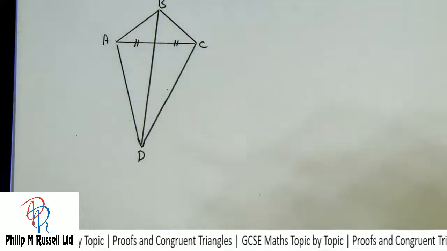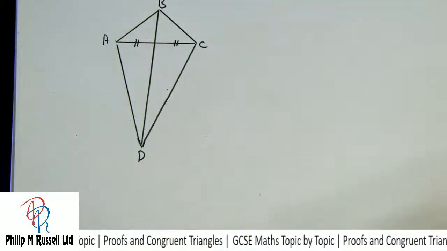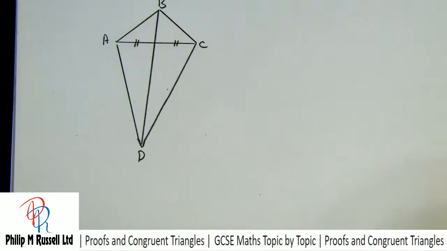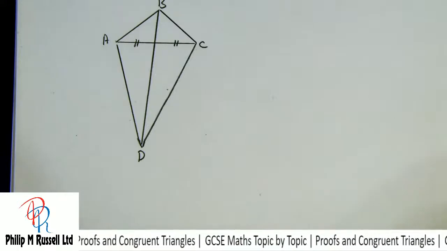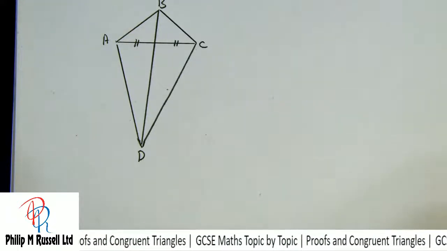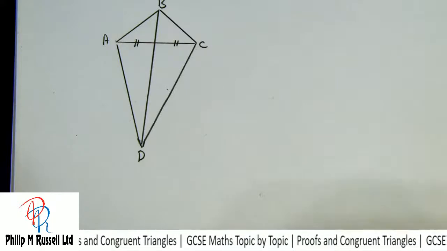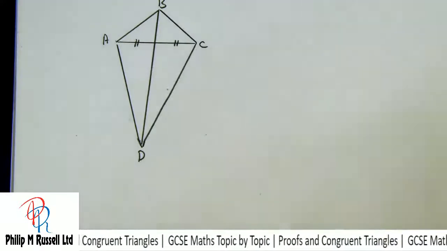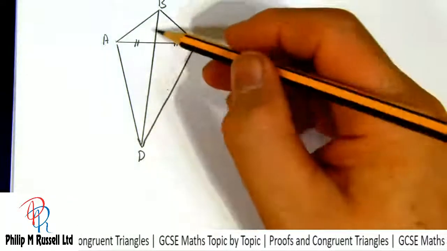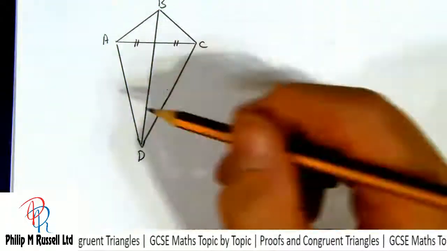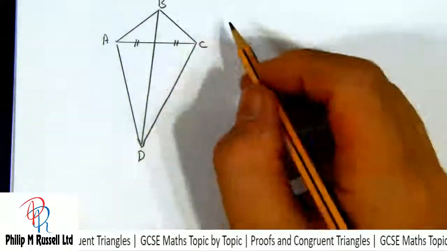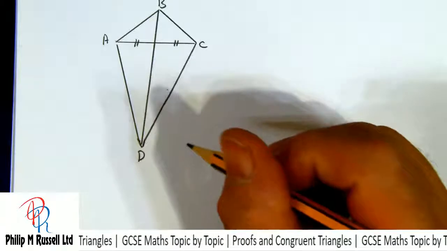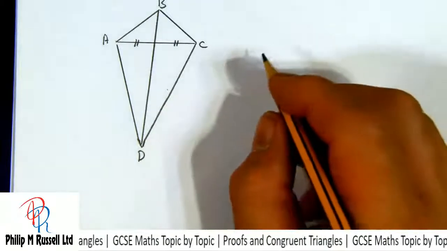I don't know what else we might be told. We could be told that this is just a quadrilateral, and we've got to try and prove it's a kite. And to prove it's a kite, we'd need to prove various bits and pieces. So always you are going to be given various facts about something.